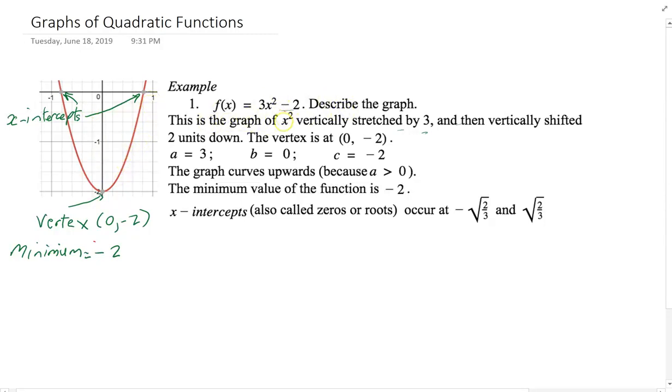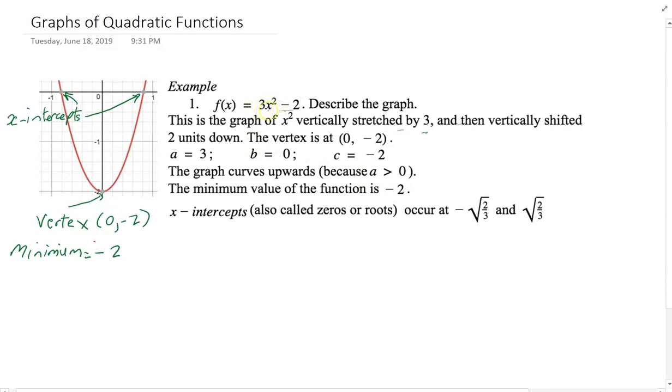Describing it, we can look at the graph of the parent function, x². Notice it is 3 times x², so that means that the graph of x² was vertically stretched by 3, and then the minus 2 means that it was shifted down 2 units. The vertex is at (0, -2), and that means that the minimum value will be at -2.